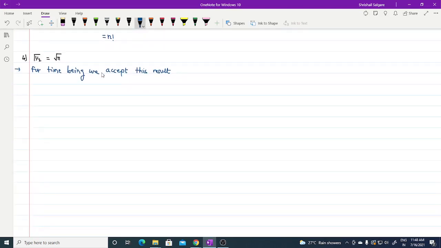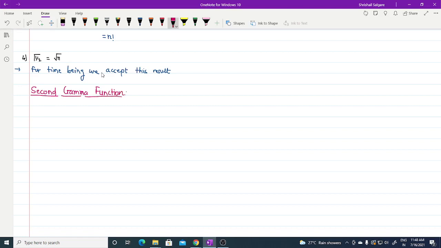Now the next one is the second definition of gamma function. This also you can refer to as a definition of gamma function. We have to prove this.